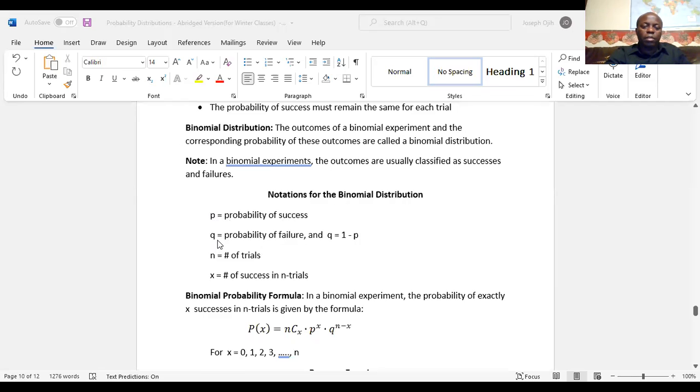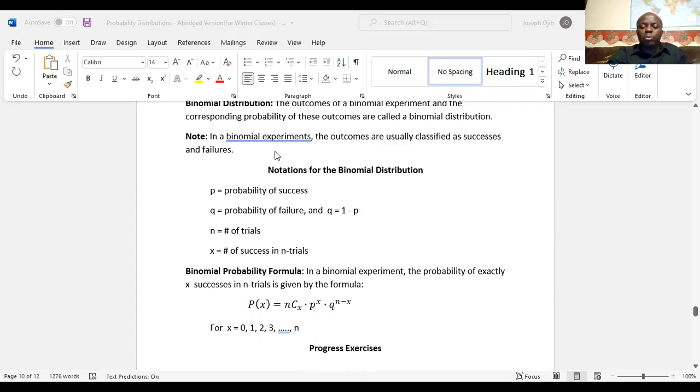Q is for the probability of failure, and Q is always 1 minus P. N is the number of trials. X is the number of successes in N trials. Remember that the outcomes of a binomial experiment and their corresponding probabilities is what gives us a binomial distribution.